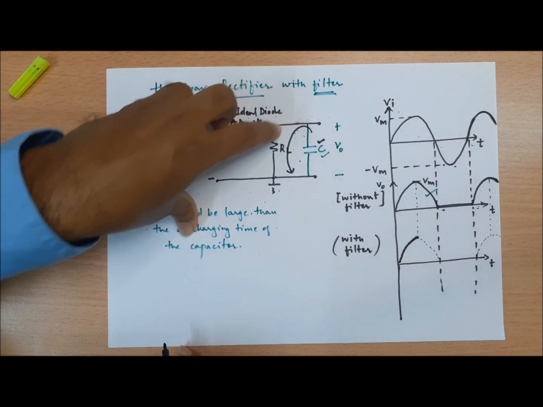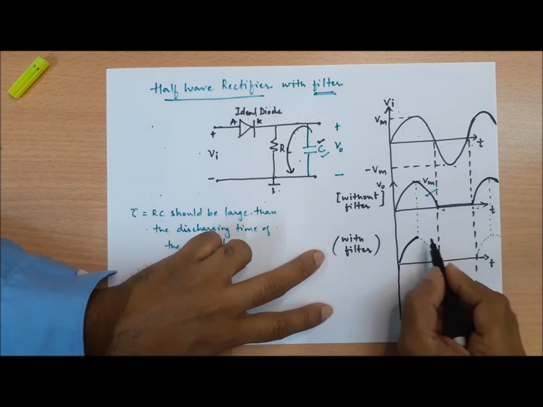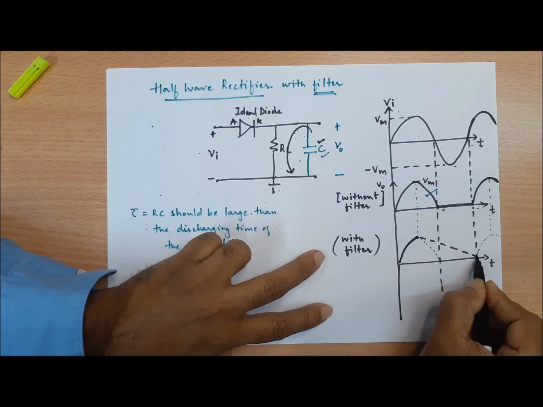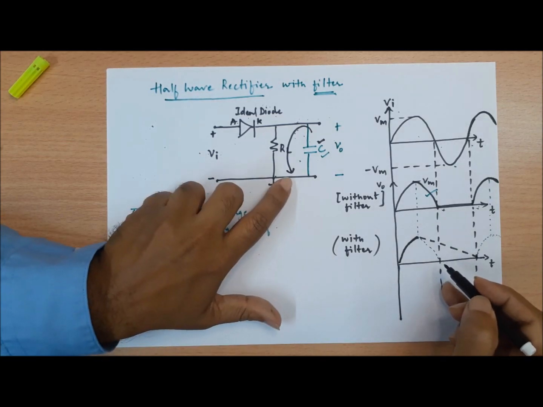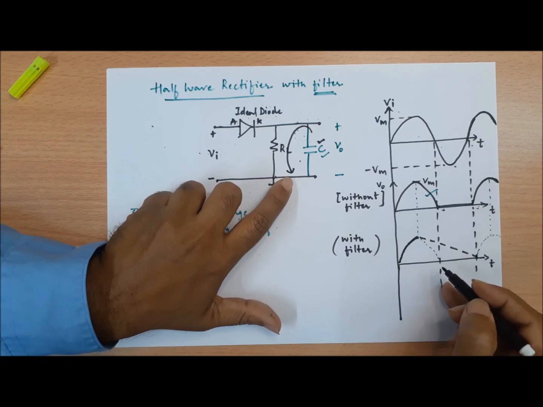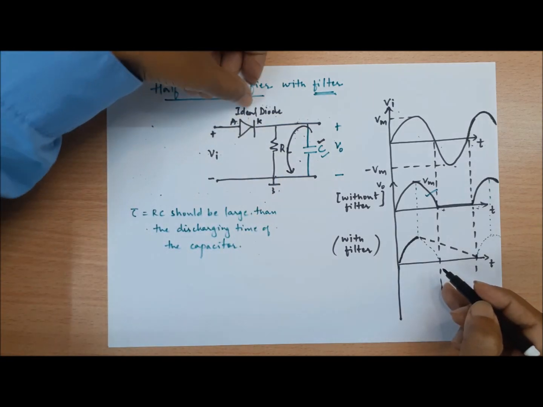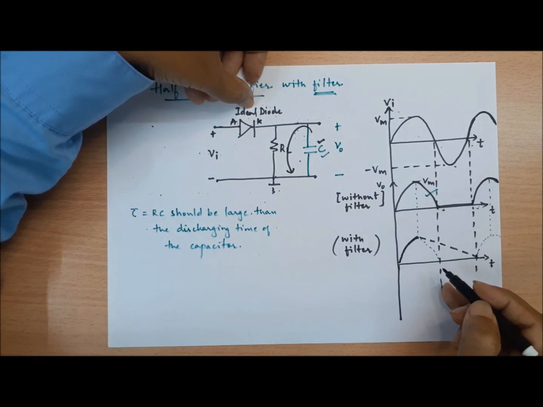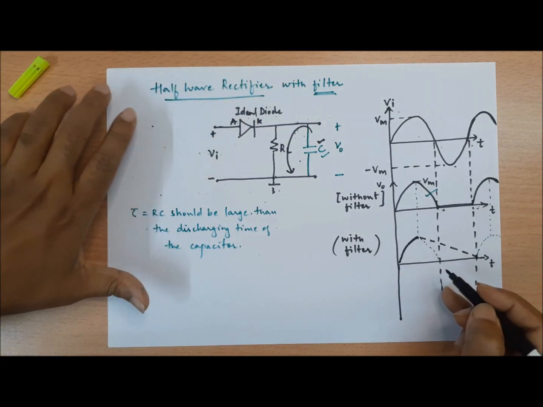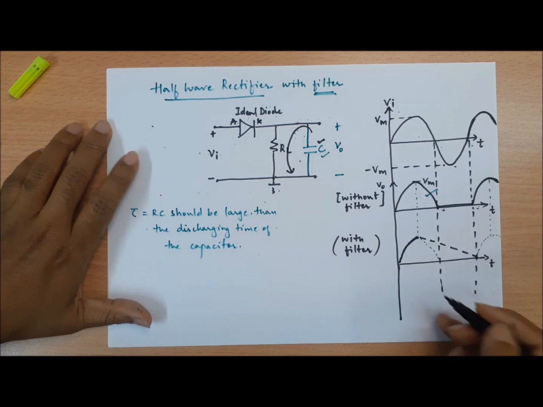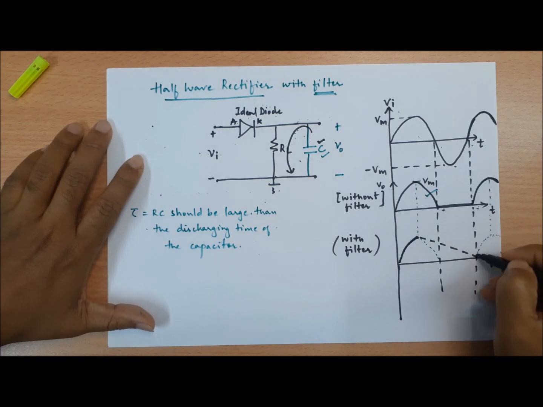This discharging phenomenon is reflected like this. Again, when the discharging happens, the diode gets forward biased and the capacitor gets charged. This phenomenon keeps on repeating, due to which we get such a waveform.